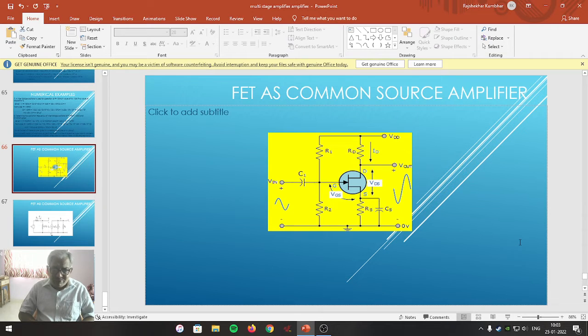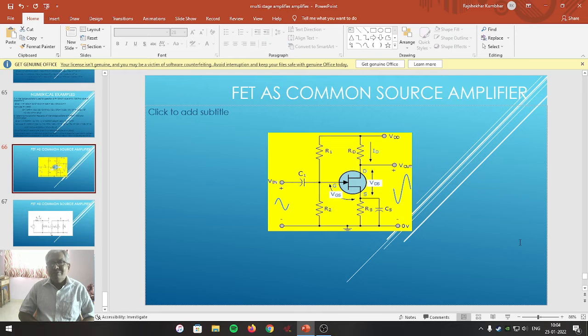Friends, common source means the source is common for input as well as output. This means the input signal to be amplified is applied between gate and source, whereas the output is taken between drain and source. In this condition, we observe that the source is common for input as well as output.